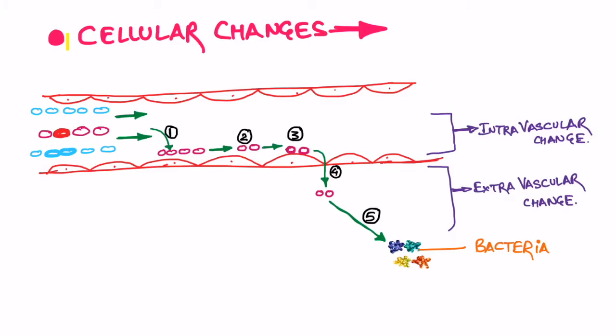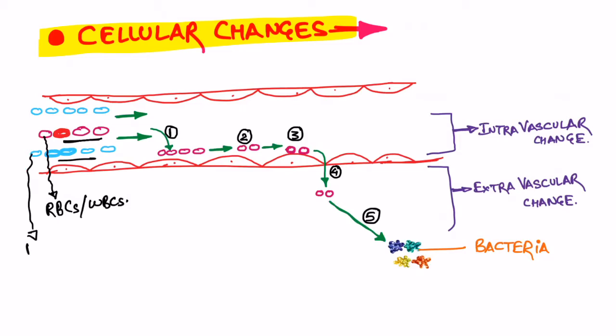So friends, here is what kind of cellular changes are occurring in case of acute inflammation. First of all, we have to see that these cells, which are RBCs or WBCs, move in the central part of the blood vessels, and fluids are moving at the periphery of blood vessels.